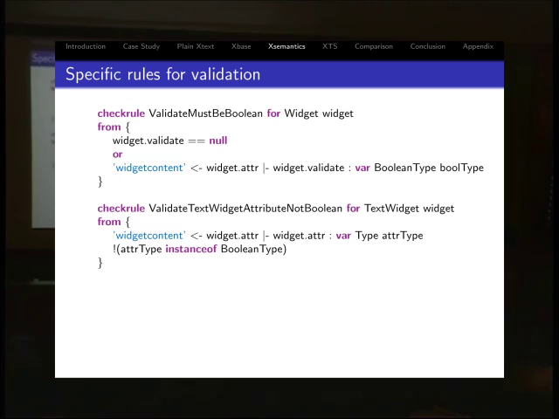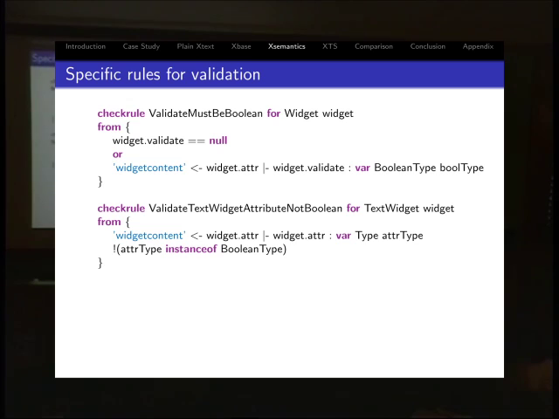Then you can write specific rules which are used to generate the validator for your language. For instance, this check rule says that a widget is correct if either the validate feature is null, because if it's null, there's nothing to check, or if I can derive a Boolean type for the validate attribute using a specific typing environment.